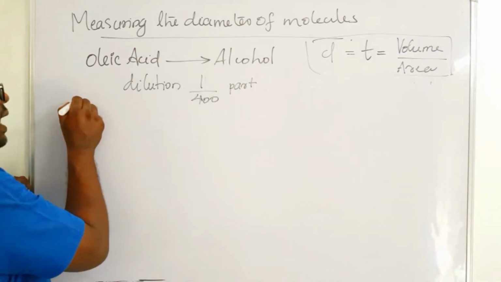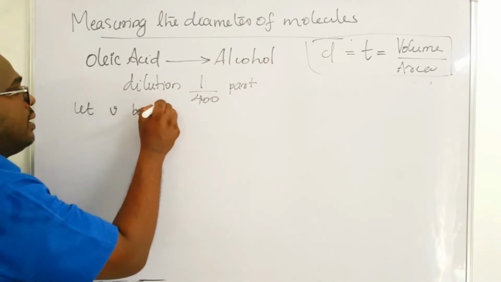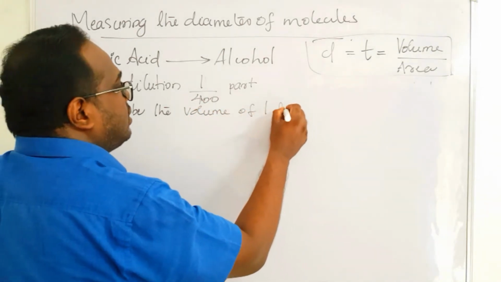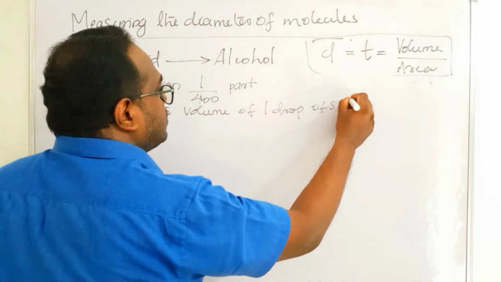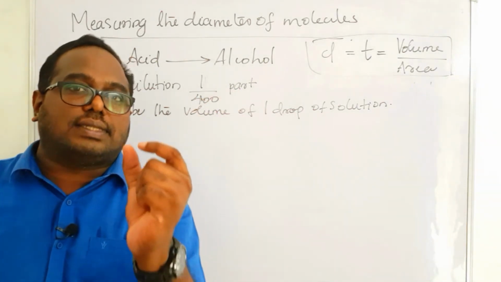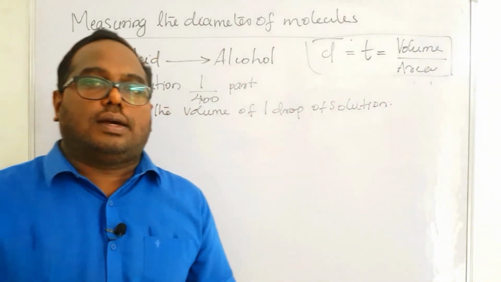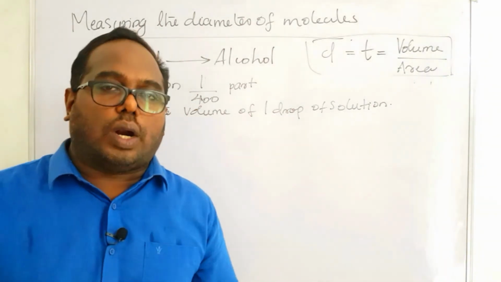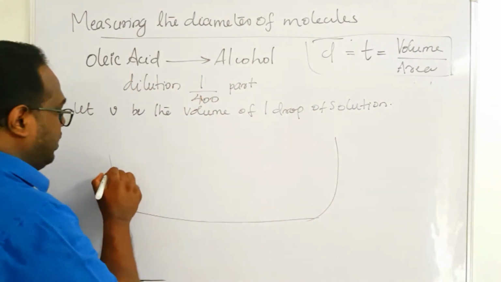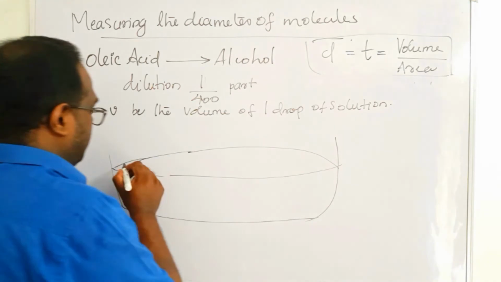Remember all these values. Let small v be the volume of 1 drop of solution. So the volume of 1 drop of that oleic acid and alcohol mixture is v. After this calculation, you take a big trough, a very long big container, and fill it with water like this.